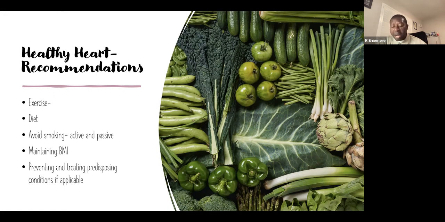And hypertension, especially for those of African heritage, hypertension is a huge risk for an unhealthy heart and coronary heart disease.